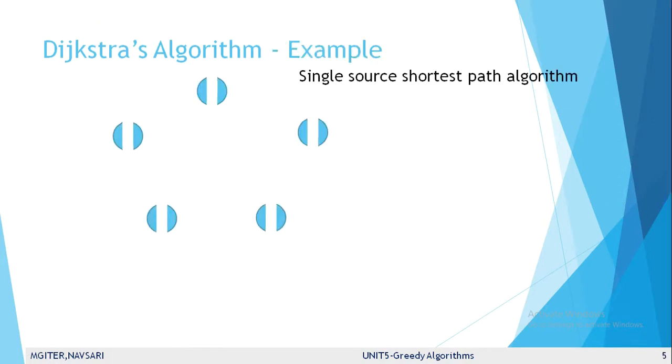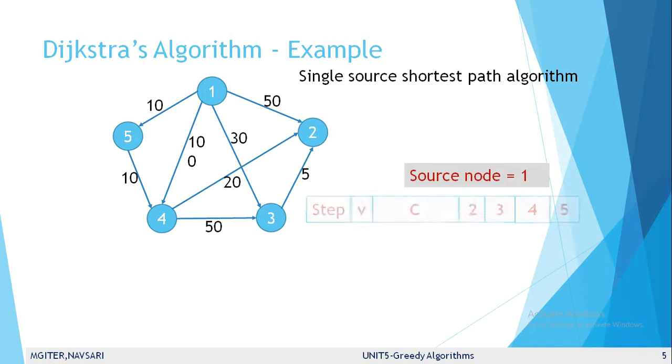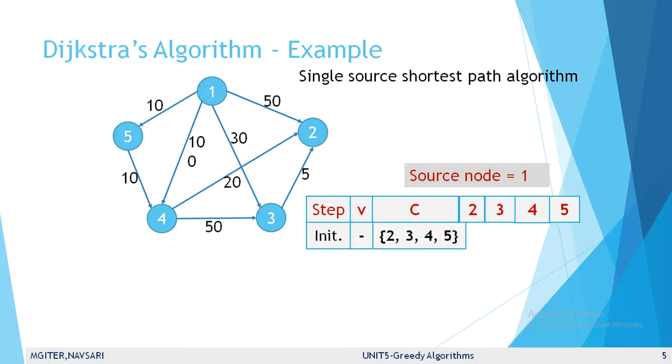Now we see the single source shortest path with the help of an example. Here we take a weighted directed connected graph with weights associated. Suppose we start from source node 1, and in step number 1 we write the distance from source node 1 to all other candidate vertices, that is 2, 3, 4 and 5.